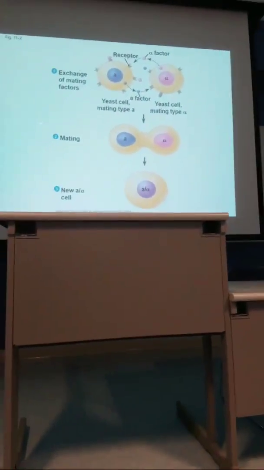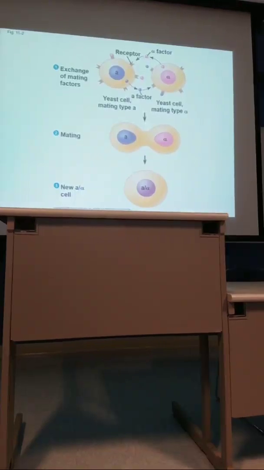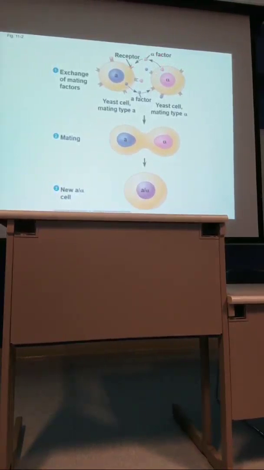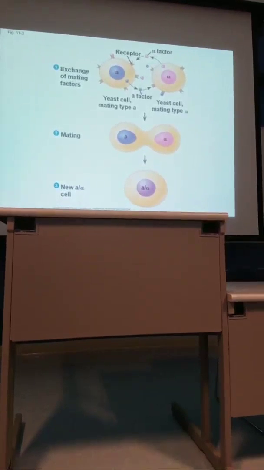Up at the top, we see we've got cells with receptors. Notice there is one cell up here that is producing what is called the alpha factor that fits real nicely into the receptor on that A cell.